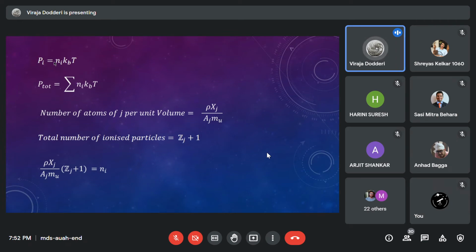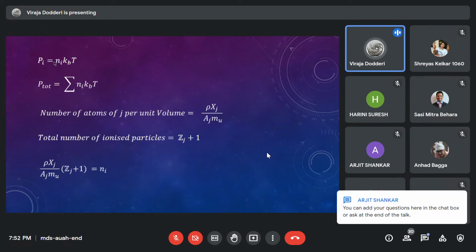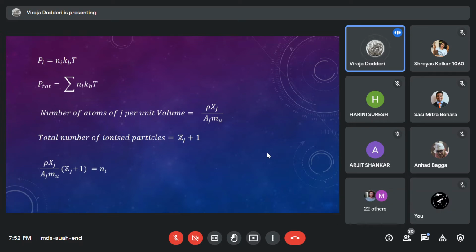So those many electrons will be there, and that one is attributed to the nucleus. Combining those two, you can find out the number density, and through that, you can calculate the total pressure.